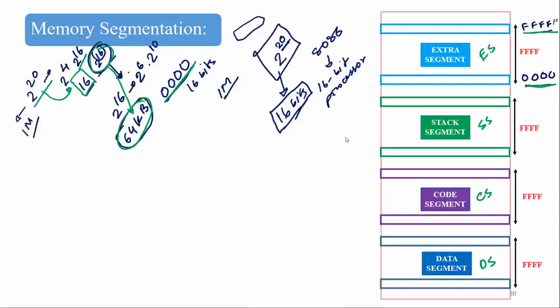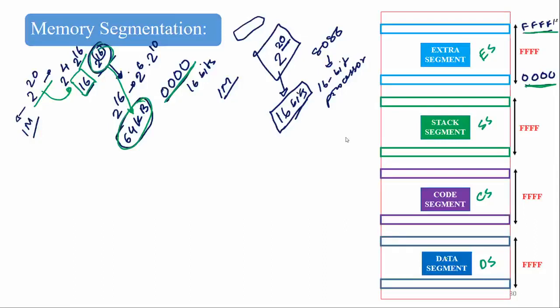Okay. So what is the purpose of these segments? In the code segment, the program is saved. Have you got my point? Yes. The program is saved in the code segment, and different data, like random data or data that we do not need to execute, for example if you want to save a movie, that video can be saved in the data segment.